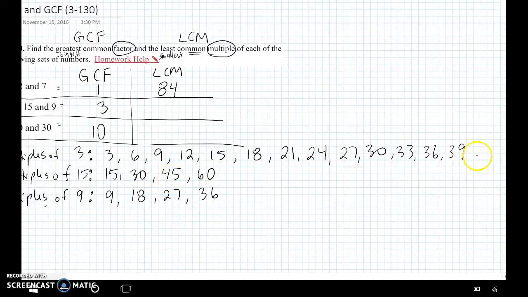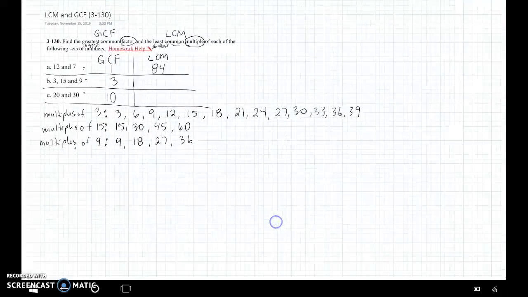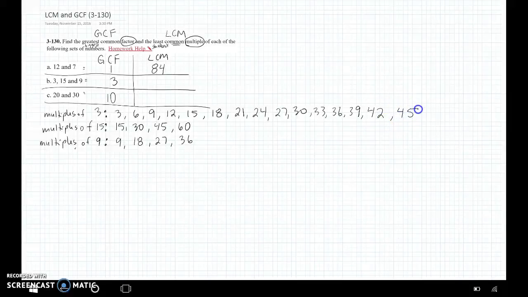45 looks like the next one possible. 39, 42, and 45. This happens to be 15 threes, and this is 3 15s.